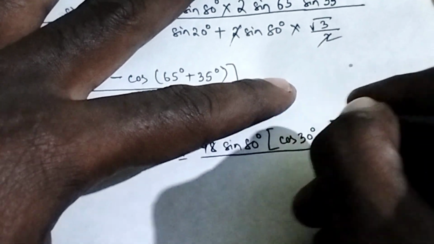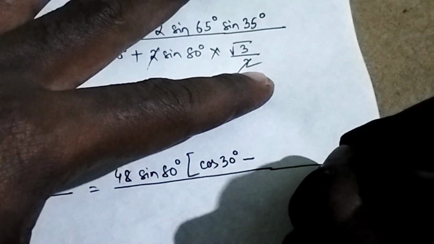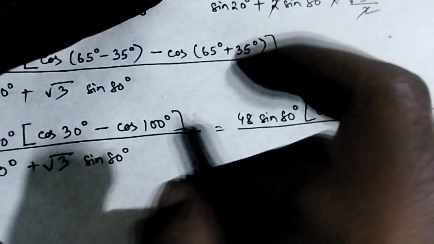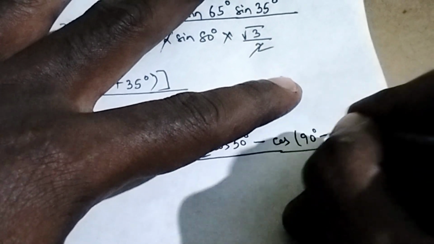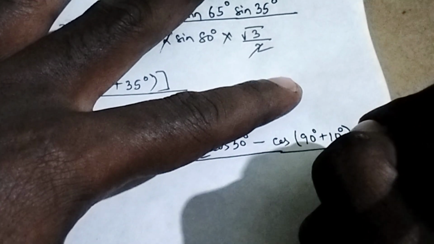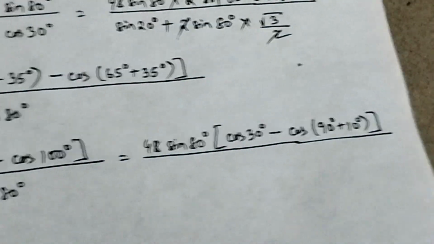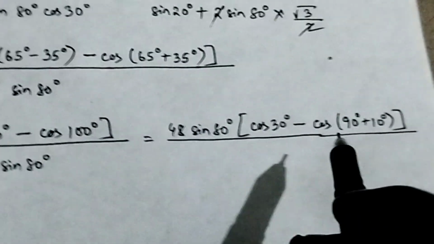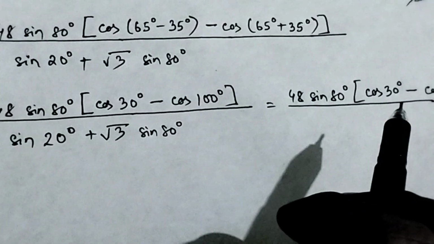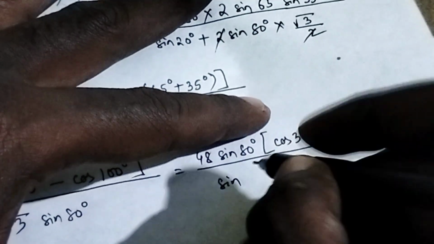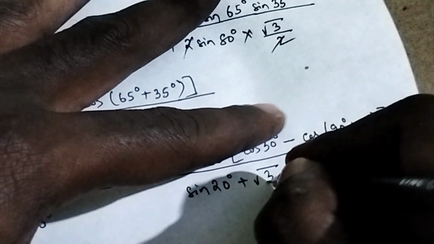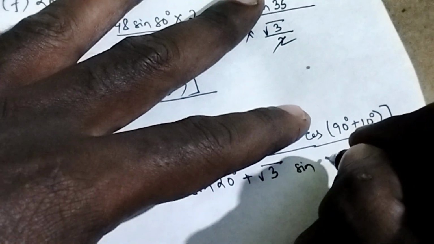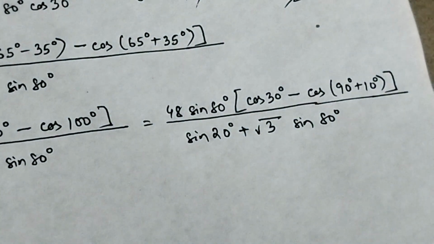Cos 30 degree minus cos 100 degree, I am writing it as 90 degree plus 10 degree. Cos 100 degree can be written as 90 plus 10. Then in the denominator, sine 20 degree plus root 3 sine 80 degree.